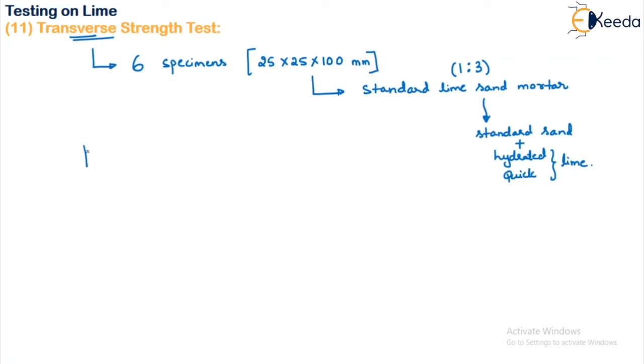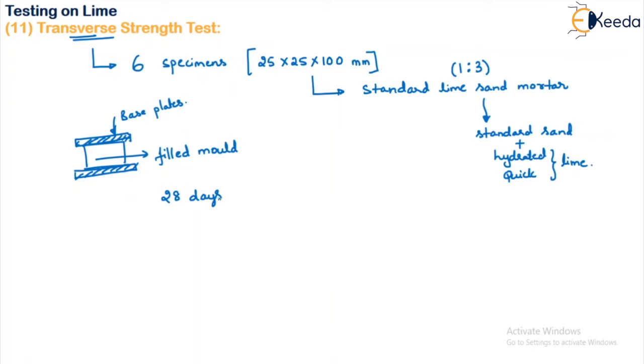What we do is we will take the mold and fill it, and we will put two base plates on it, one on the top and one on the bottom, and we will cure this for about 28 days at 90% humidity.